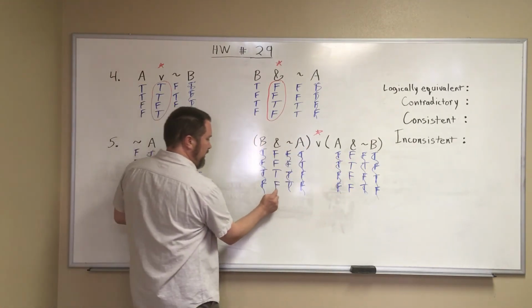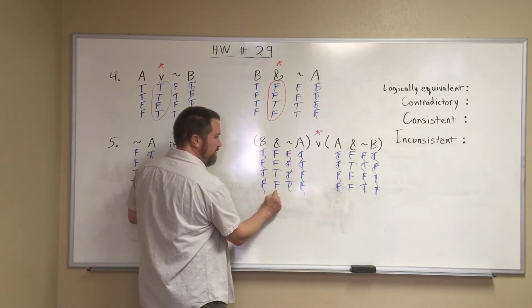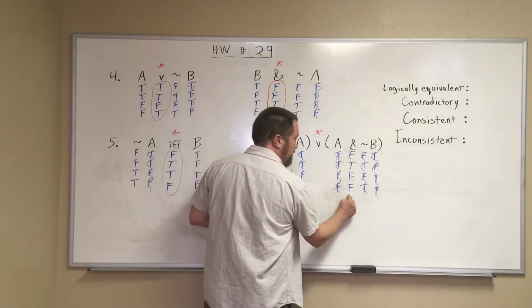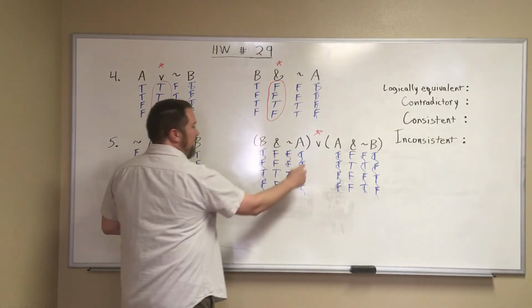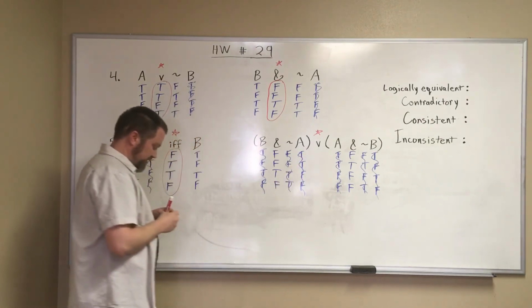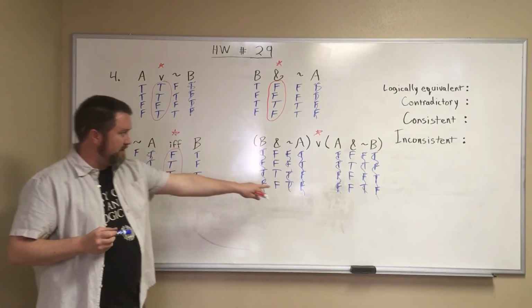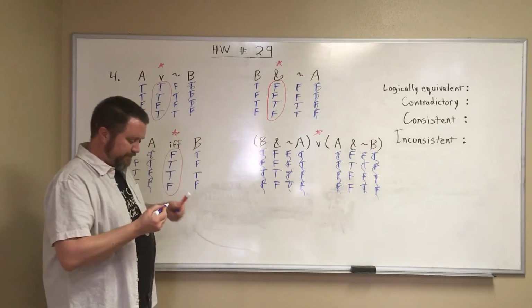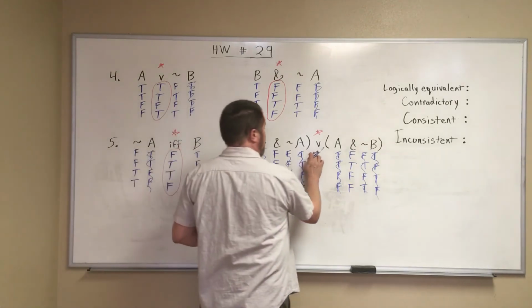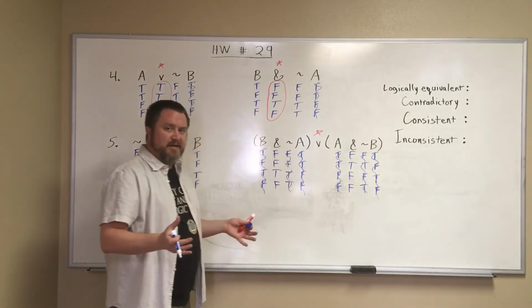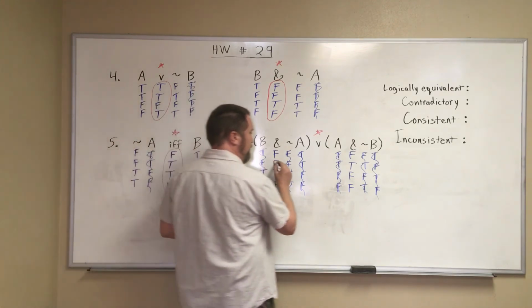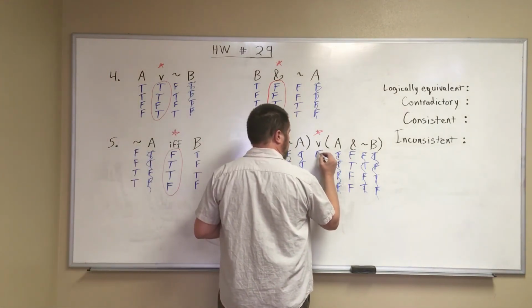So now we're looking at this column under the conjunction and this column under the conjunction, and they're separated by this disjunction, and that disjunction is the main operator that we're looking for. For a disjunction to be true, either side can be true. Here we have a false and false, so that's false.